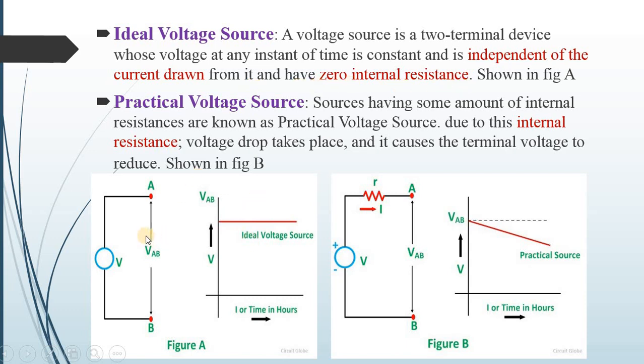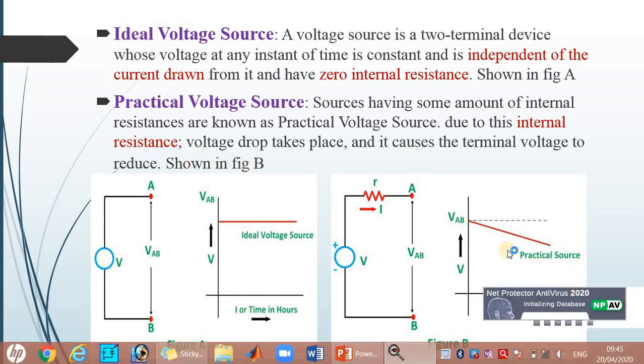See figure A, which has an ideal voltage source, and if we measure the terminal voltage between points A and B, it is observed that whatever current is drawn, the terminal voltage VAB is constant. Because of that, the internal resistance of this ideal voltage source is zero. So such a source is called an ideal voltage source.